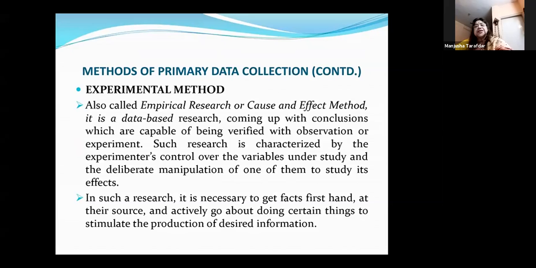Such research is characterized by the experimenter's control. You as a researcher will have your control. You are the experimenter. You have control over the variables under study and the deliberate manipulation of one of them to study its effect.